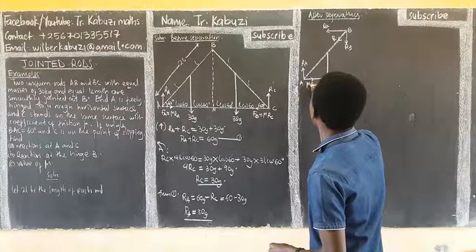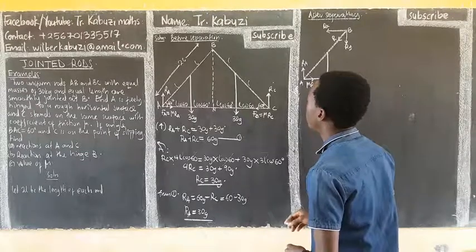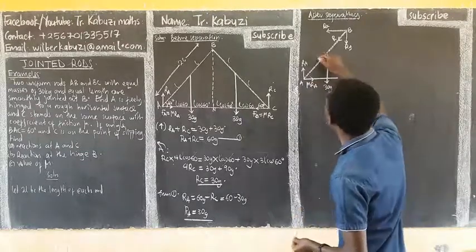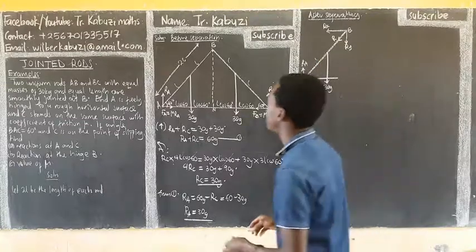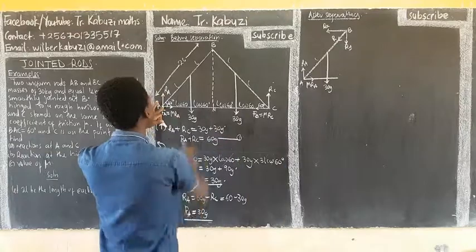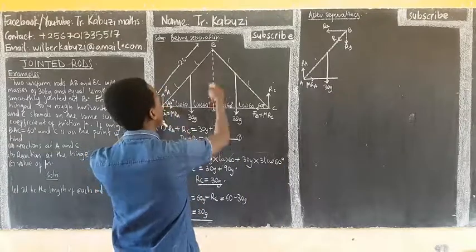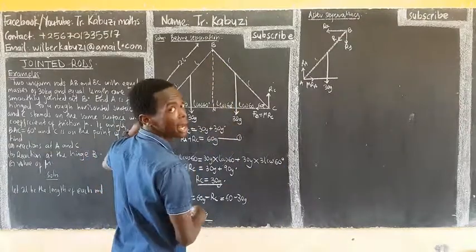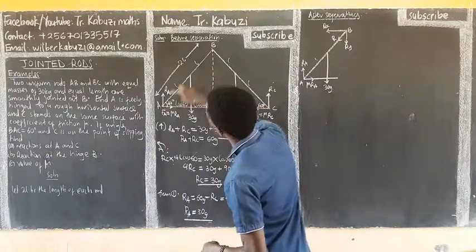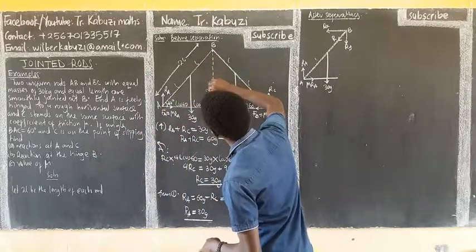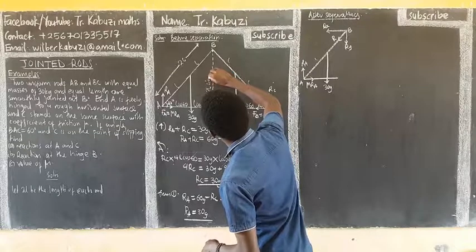Now all we need, if I base on this, is that if this is cos 60, it means that this is opposite now, so that goes with sine. So the whole from here up to here is 2L. So this one now becomes 2L sine 60 degrees. That's now the height from here up to here. So we shall use it here.